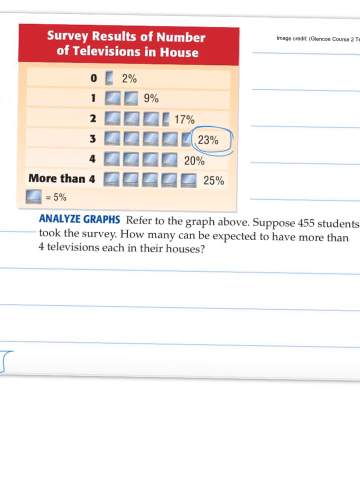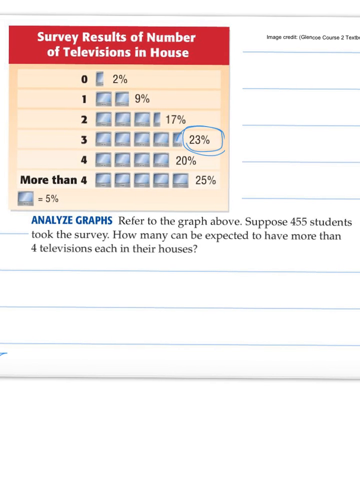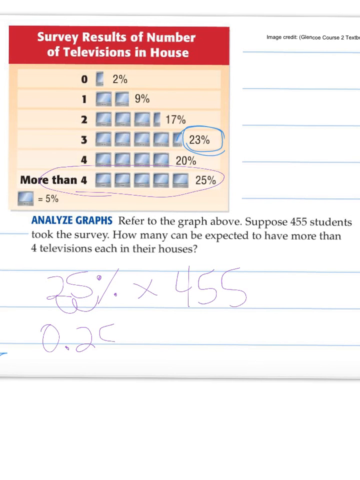Another question here. Refer to the graph above. Suppose 455 students took the survey. How many can be expected to have more than 4 TVs in their house? Well, the more than 4 is right here, 25%. Okay, we're going to multiply that by the total number of students surveyed, 455. Okay, let's turn this into a decimal. 0.25 times 455.